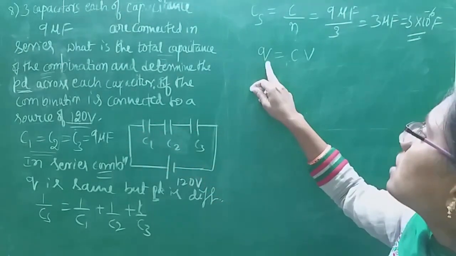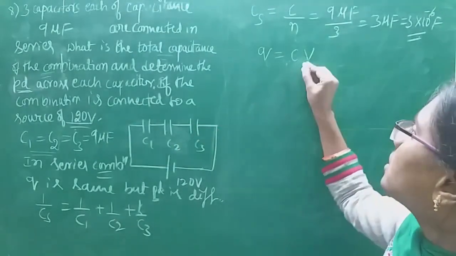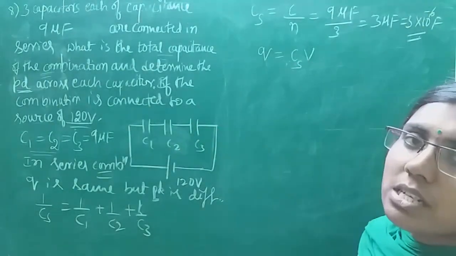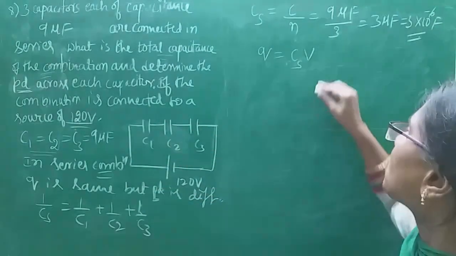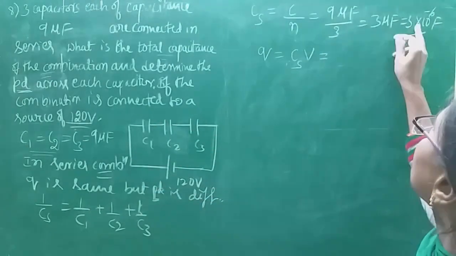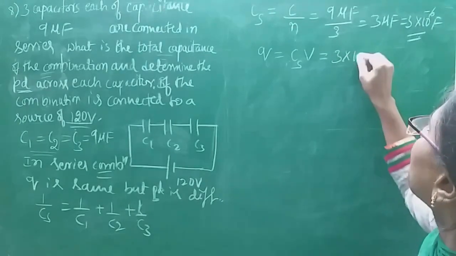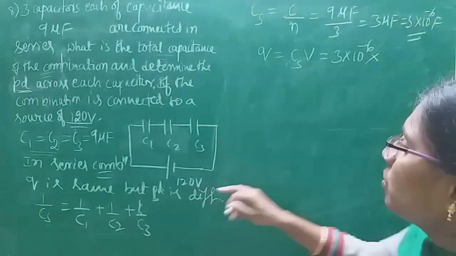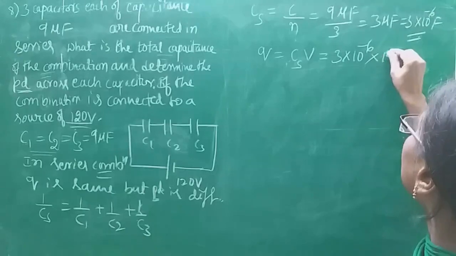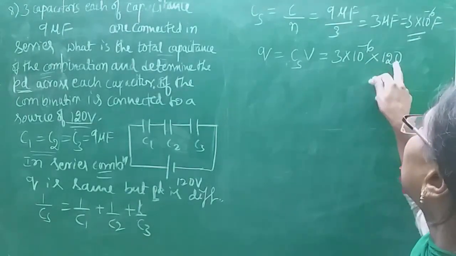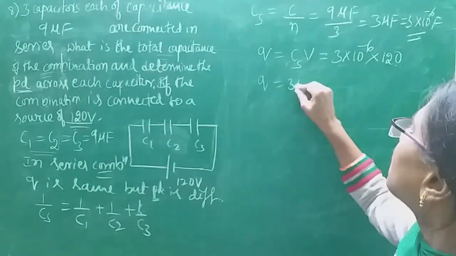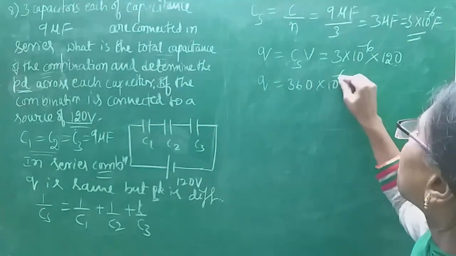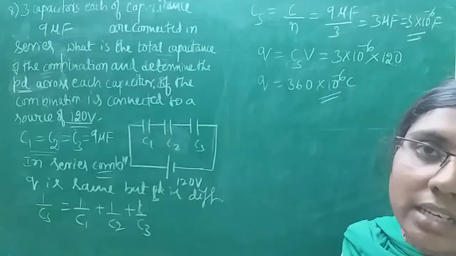The total charge is equal to the total capacitance of the combination into the potential difference applied across the whole combination. Cs is known to us, that is 3 into 10 to the power of minus 6, into potential 120. So 120 into 3 is 360. Therefore Q is equal to 360 into 10 to the power of minus 6 coulomb.